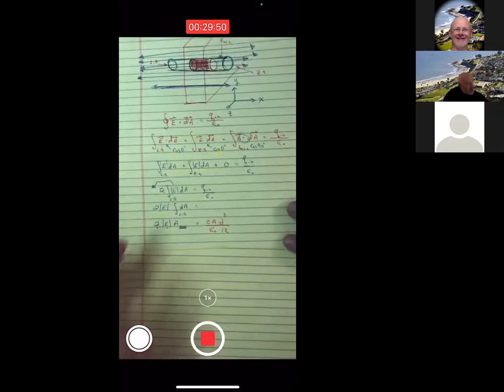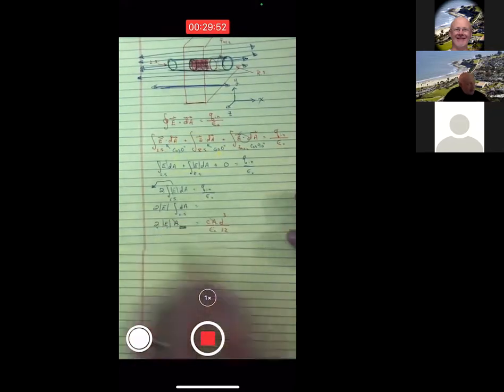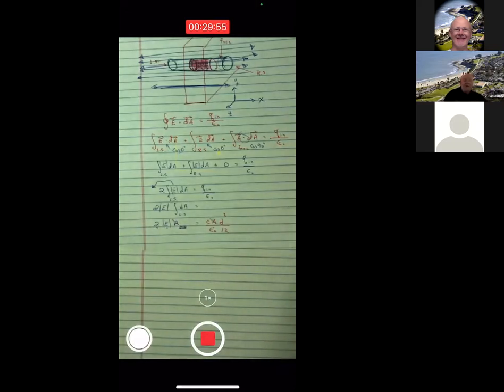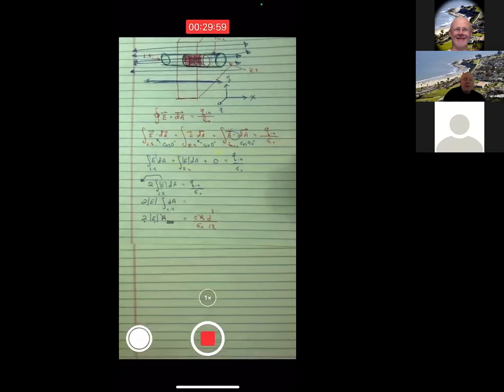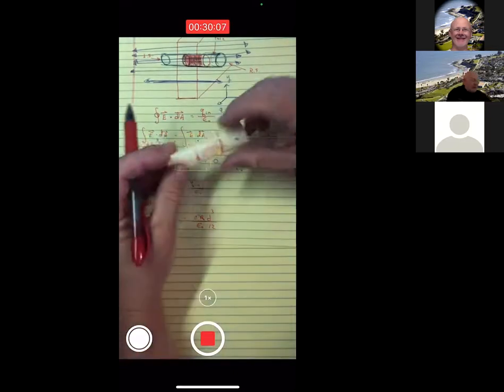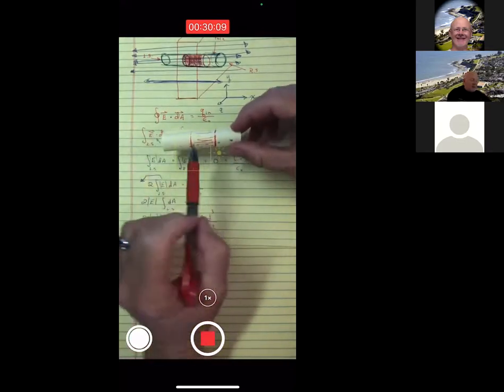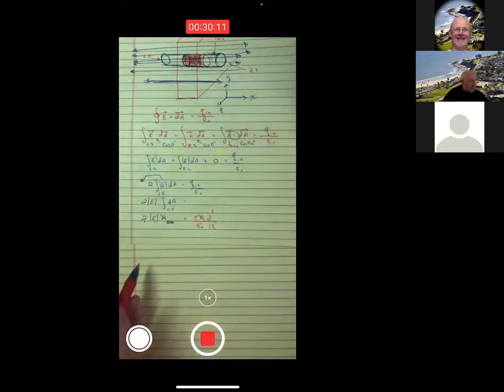And this is where I was saying it makes sense that the A shows up on both sides. We don't expect the electric field to depend on the diameter of the Gaussian surface we have.